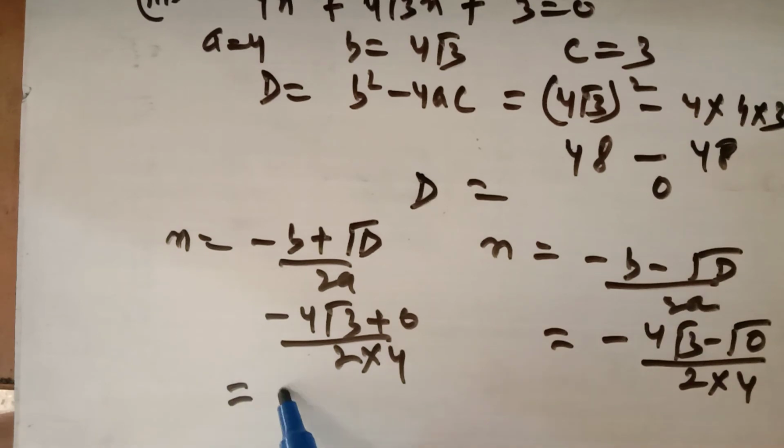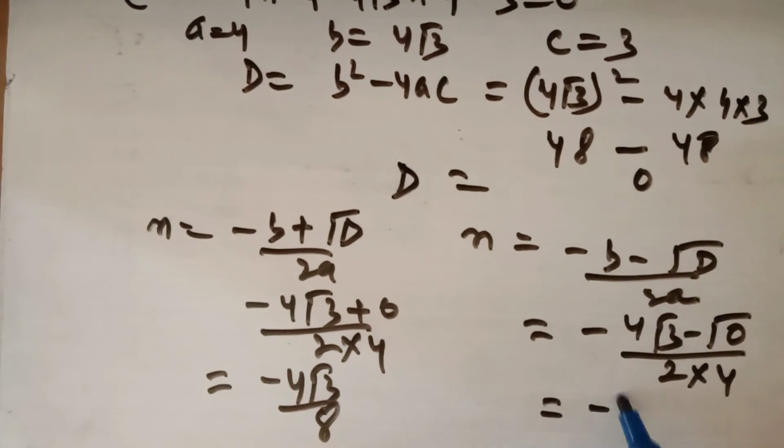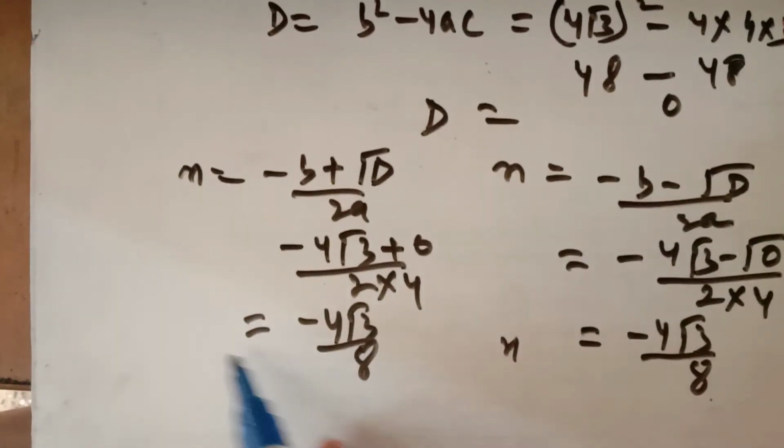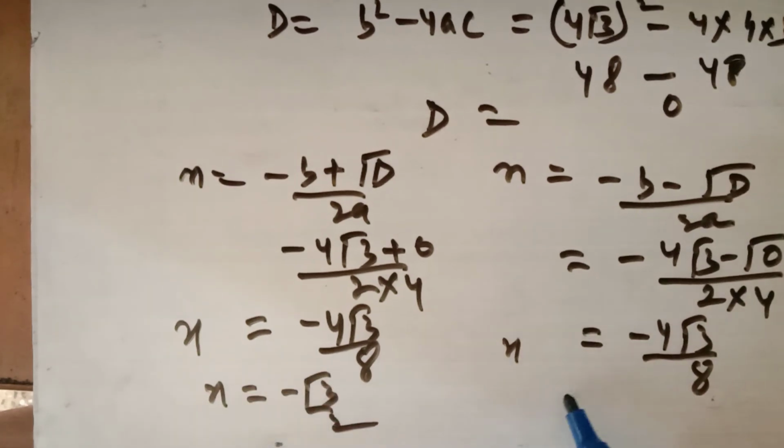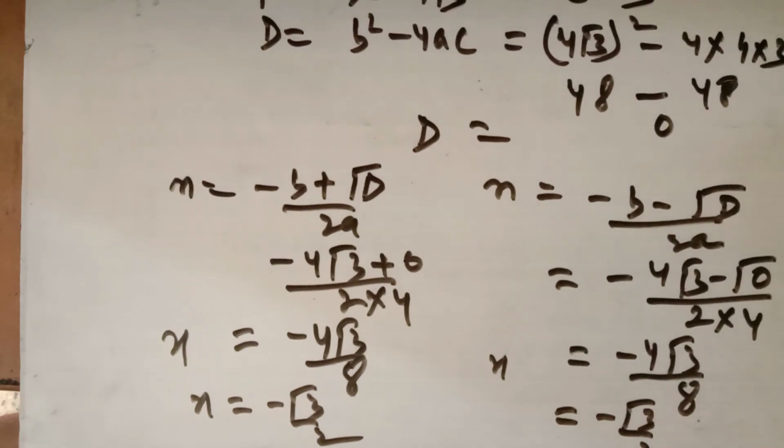So it will come out to be -4√3 upon 8, and similarly here -4√3 upon 8. So the same roots we are getting here. So x will be -√3/2 and -√3/2. So this is the method to solve the quadratic equation by using the quadratic equation formula.